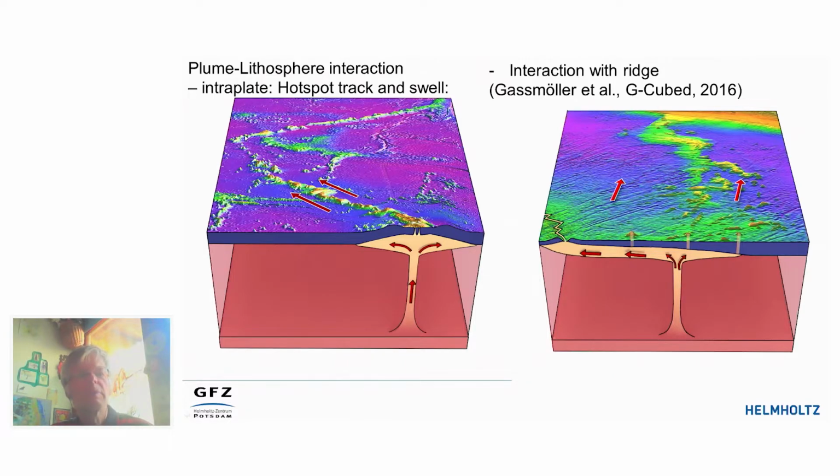What's special about Hawaii is that you have this bend in the Hawaiian chain, which probably corresponds to a change in plate motion, maybe also some hotspot motion. When you have this bend, the plume head, which is otherwise just sheared in the direction of plate motion, tends to get sheared sideways. So this plume head gets shifted sideways from the actual track.